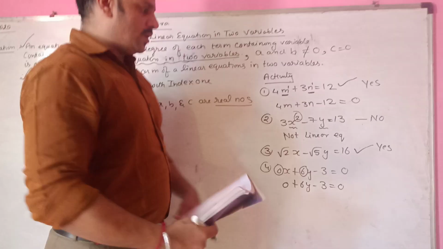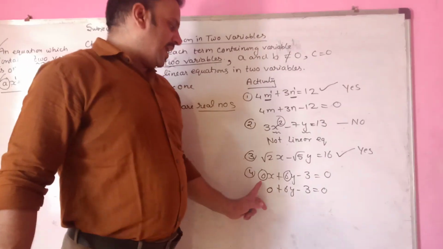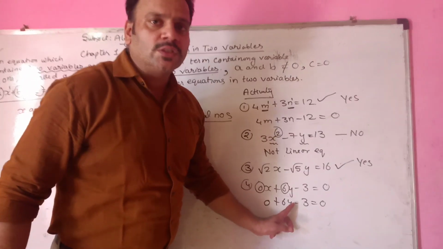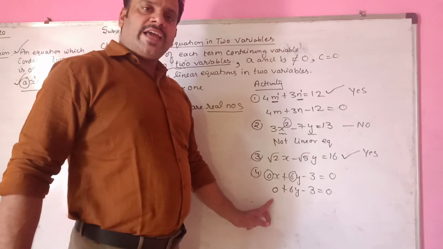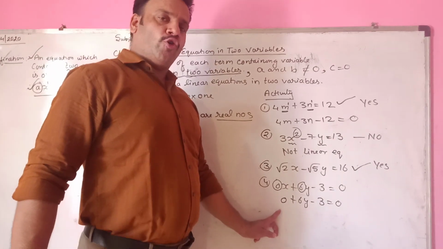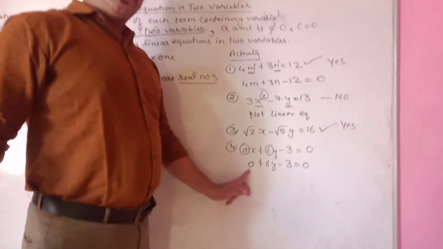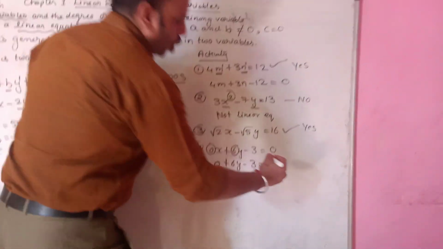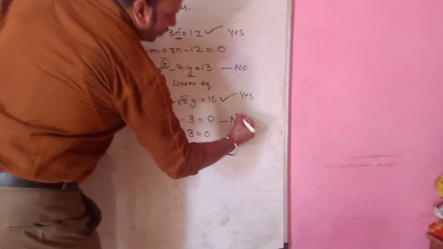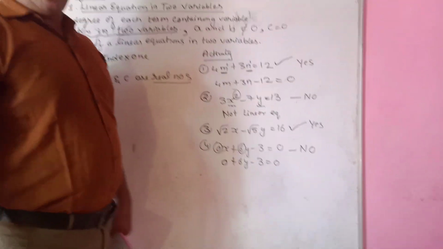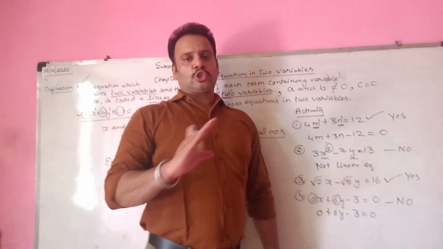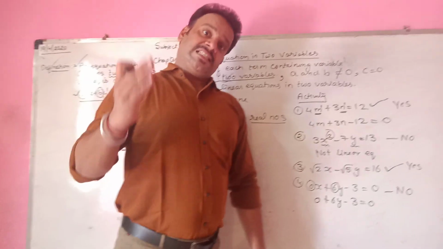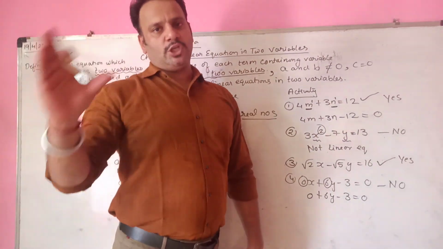Only the constant c can be equal to 0, but a and b should not be equal to 0. But here in activity 4, question number 4, a is given as 0. So therefore it is not a linear equation. So a and b should not be equal to 0, and c can be equal to 0.